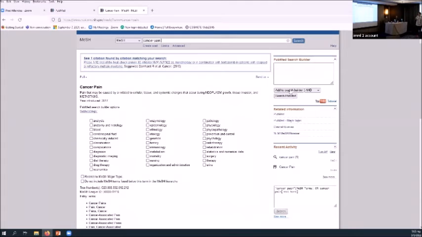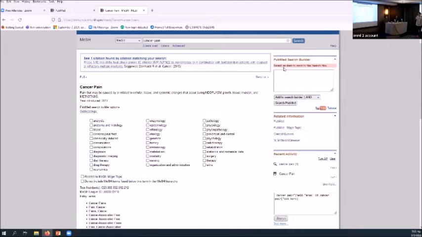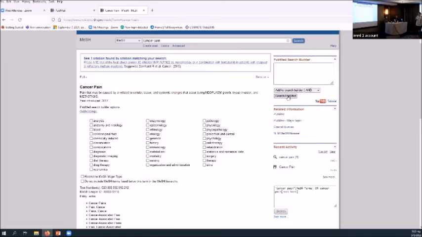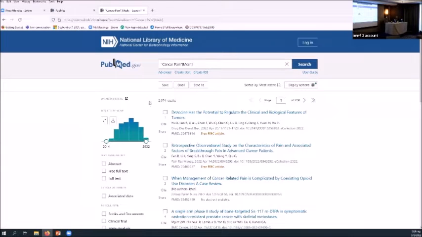And we make a search, retrieving all the relative terms for cancer pain. We made a search in PubMed and we retrieved the results.